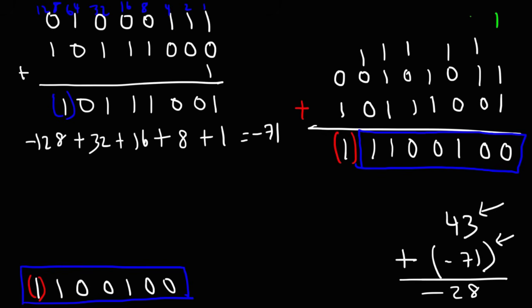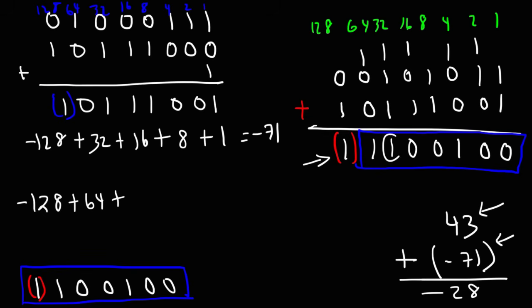So this is 1, 2, 4, 8, 16, 32, 64, 128. So this corresponds to negative 128. And then we have a 1 in the 64 column. That's going to be positive 64. And then this is positive 32. And then we have positive 4. So let's do the math.